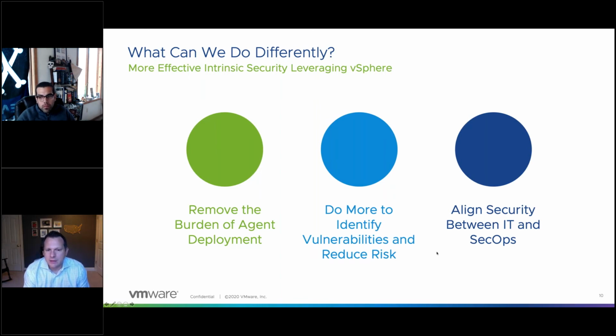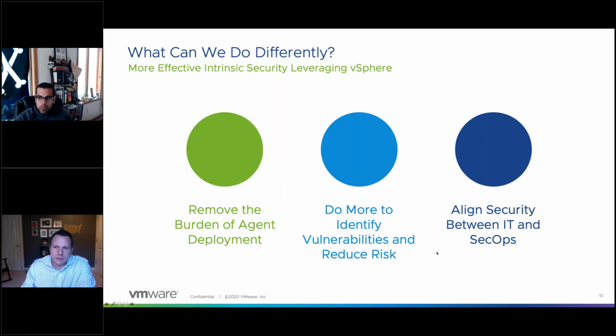The second is around helping you identify a greater deal of vulnerabilities and a greater deal of potential risk in the system, and giving you more information about how critical those vulnerabilities are. So again, this is an area where a lot of security tools fall short. They tend to focus only on the threat landscape. They tend to focus only on the attack landscape. That is important. That is something that we want to do.